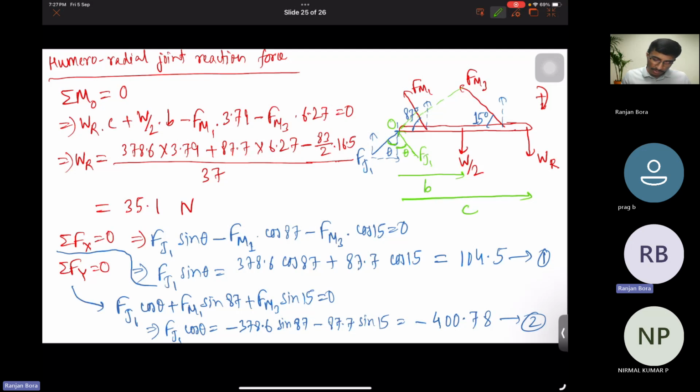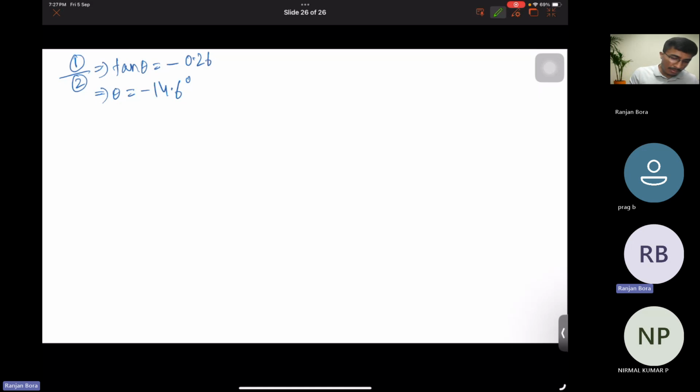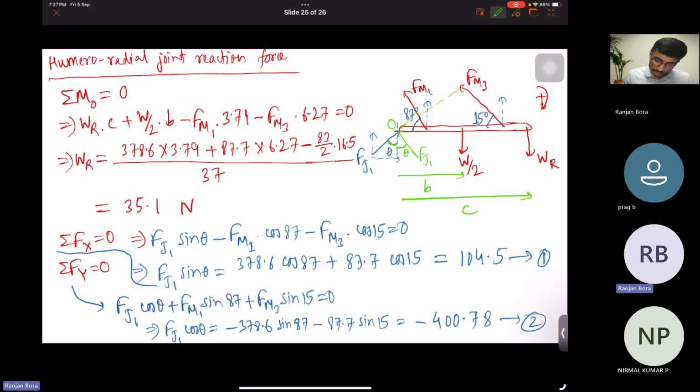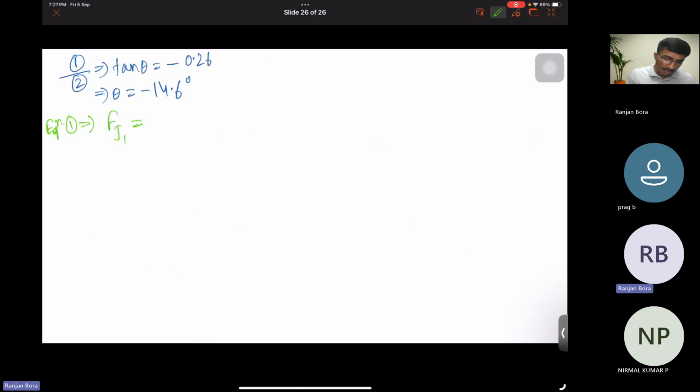Now, if we substitute, we can use any equation, from equation 1, FJ1 will be 104.5 divided by sine minus 14.6.